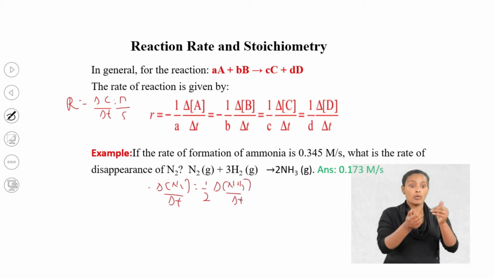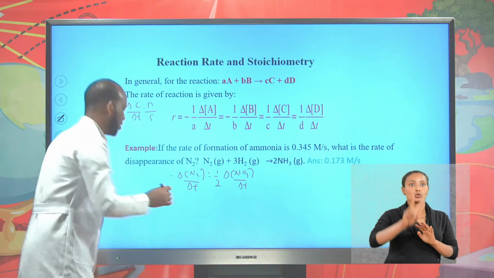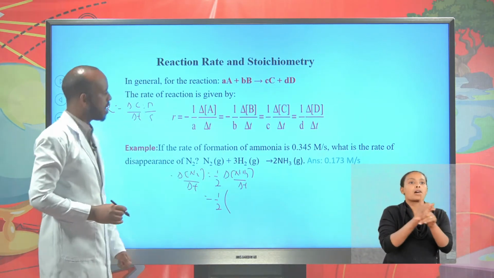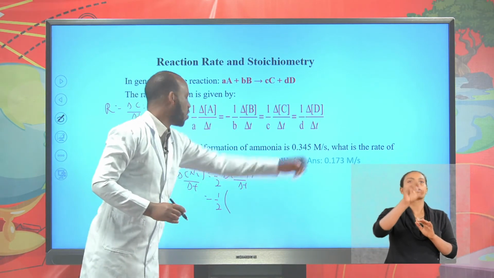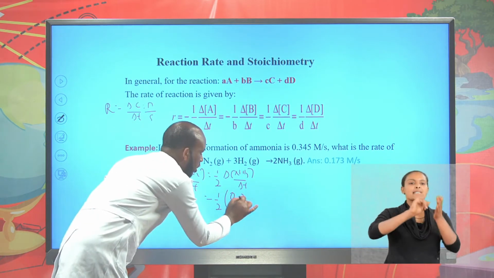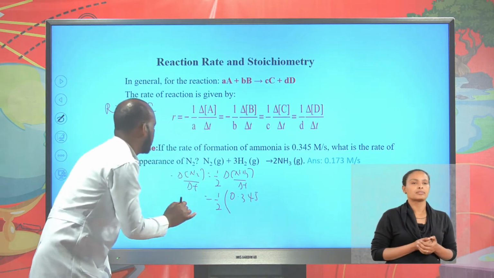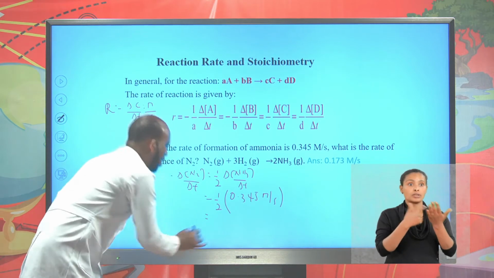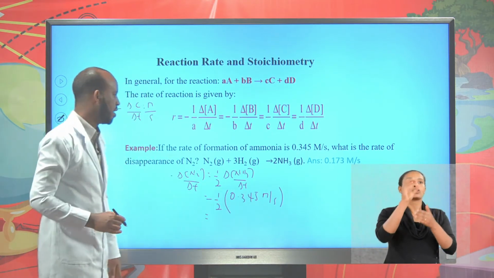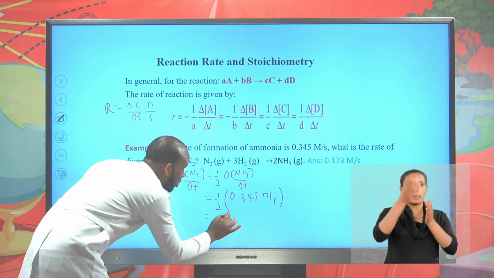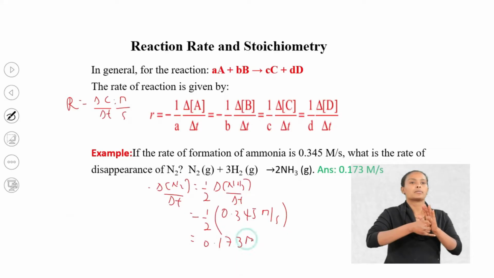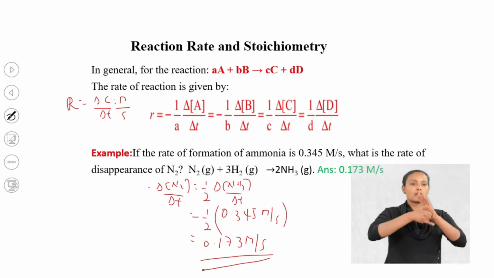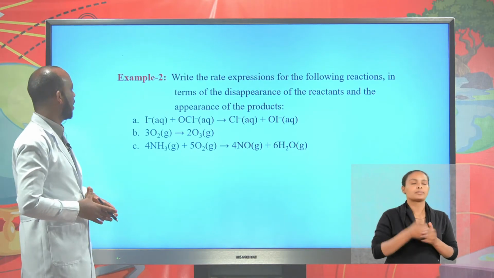Now the rate of disappearance of nitrogen equals half times the rate of appearance of ammonia, which is 0.345 molar per second. Half times 0.345 is 0.173 molar per second. This is the rate of disappearance of nitrogen.